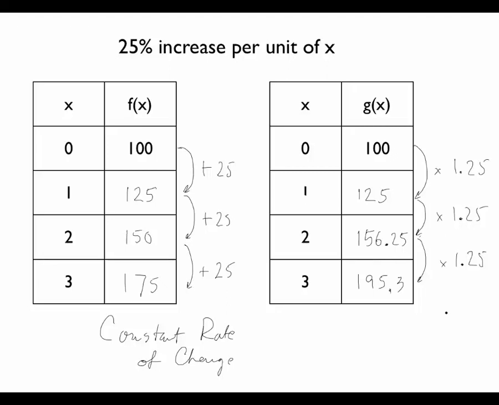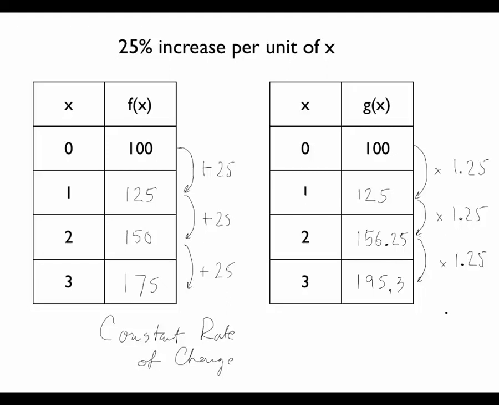So we got the 25% of the 100 plus another 25% of the new 25. And now we're going to get 25% of 100 plus 25% of 56.25. So the percent increase is building not only on the initial value, but on the amount of increase. So you get percent increase on top of percent increase.